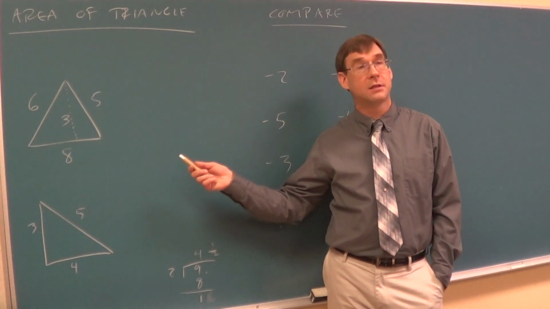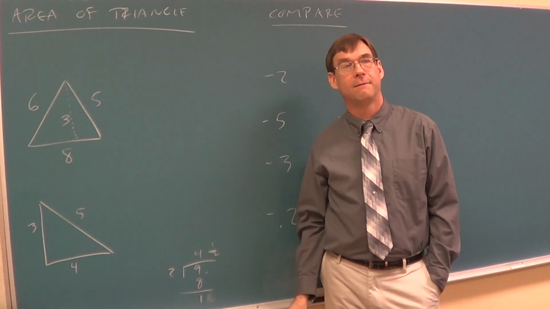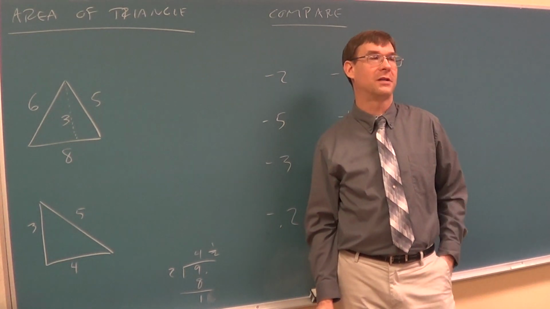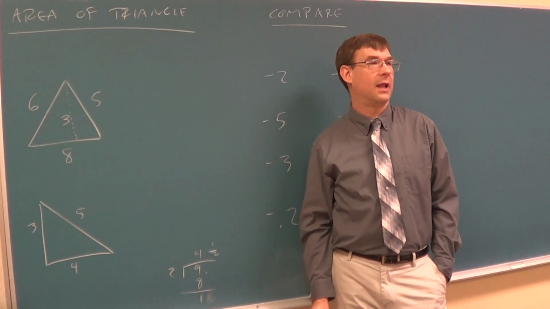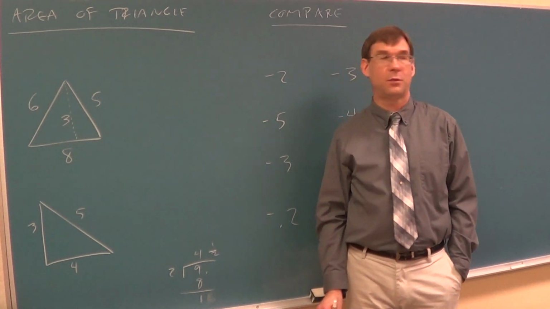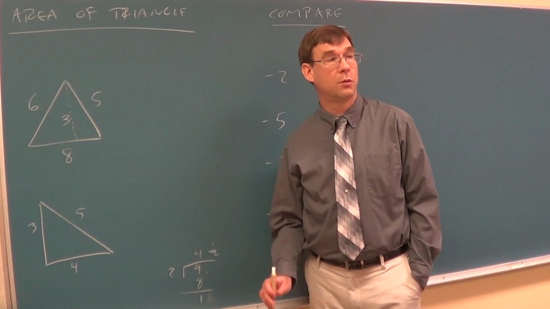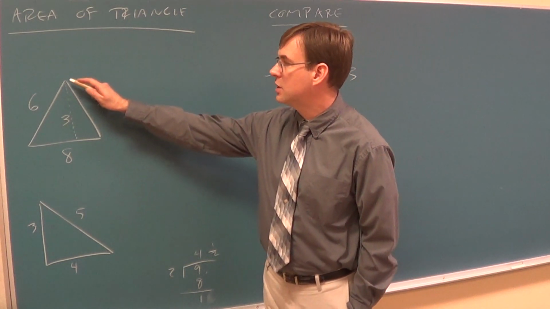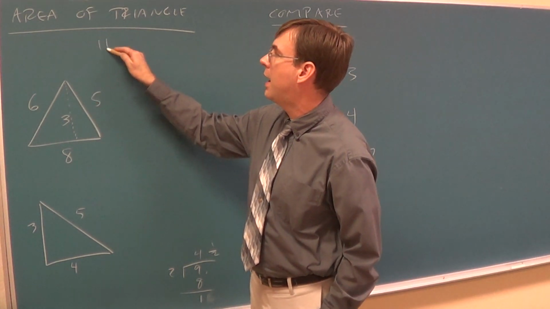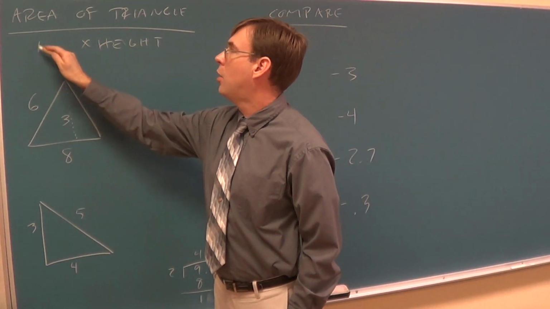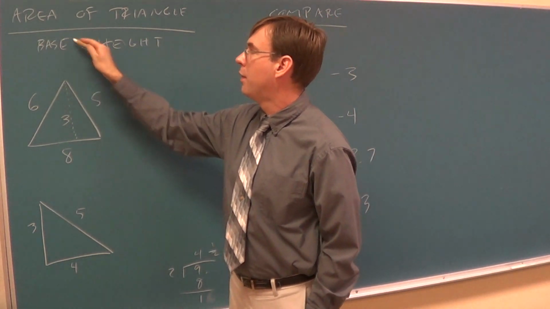Anybody else have memories of doing it? Yeah. Would the answer be 24? The answer involves 24, but it's not 24. Let's start with how did he get to 24? Where did 24 come from? He multiplied 3 times 8. If there is one of these dotted lines, we could call that the height. We are going to multiply that by a thing called the base.